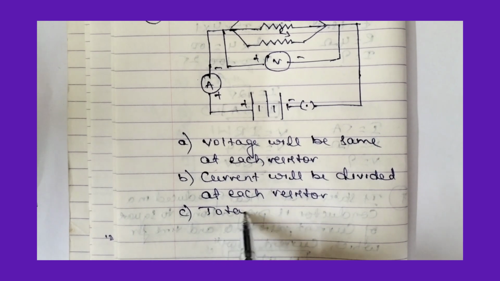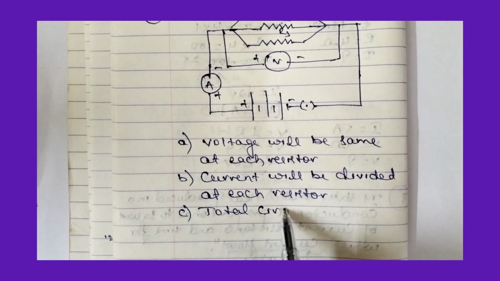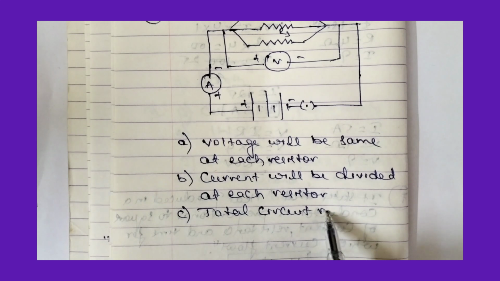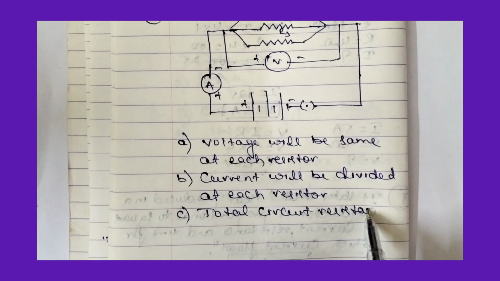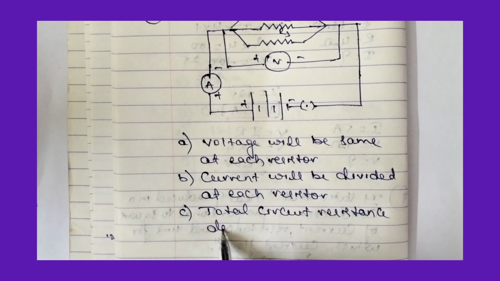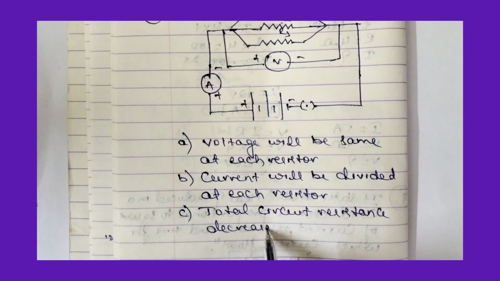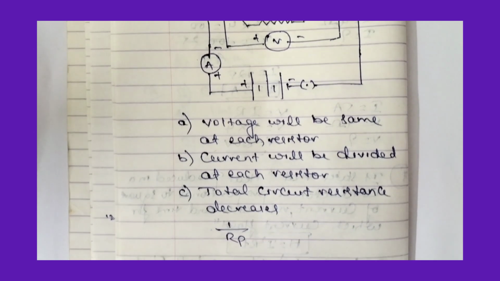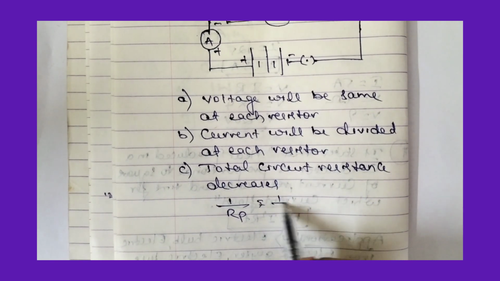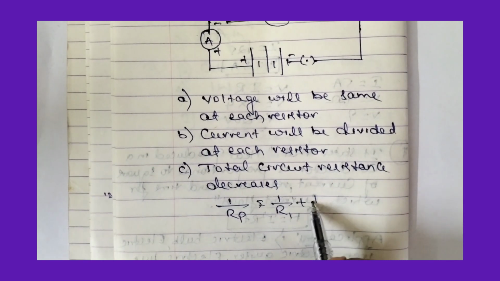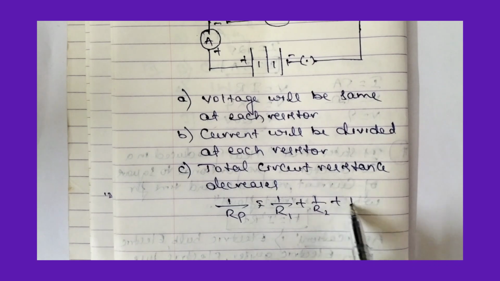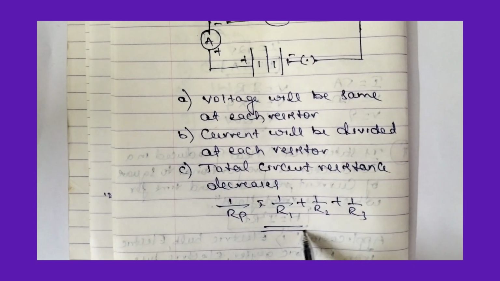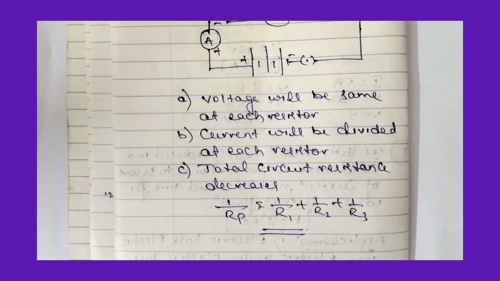Total circuit resistance decreases. Therefore, 1 over Rp is equal to 1 over R1 plus 1 over R2 plus 1 over R3. So like this we have to write the points regarding parallel circuit.